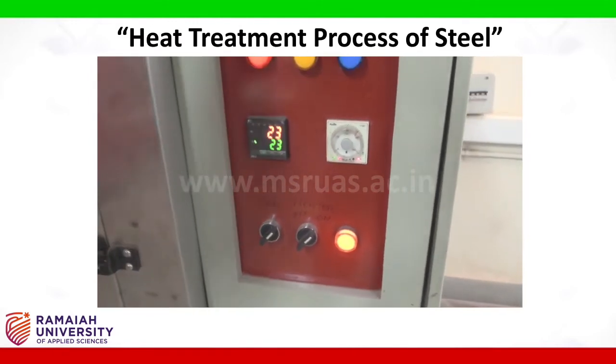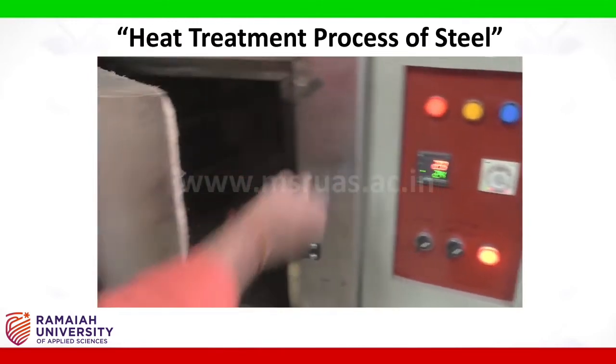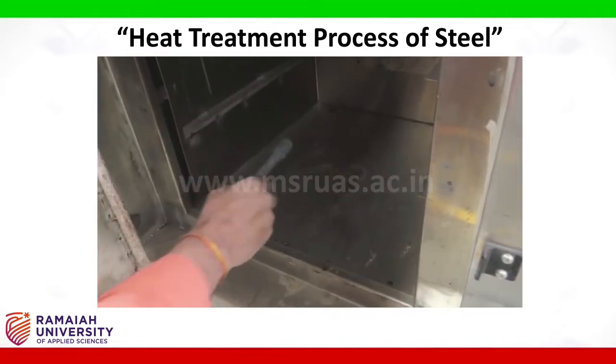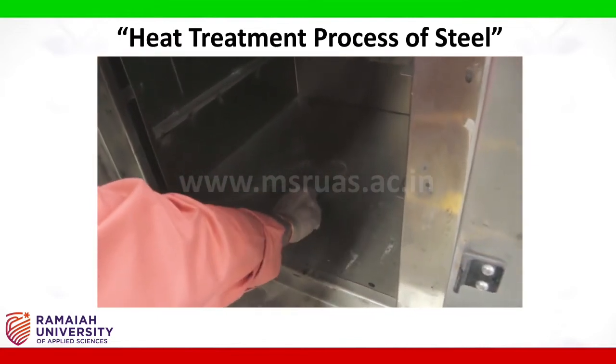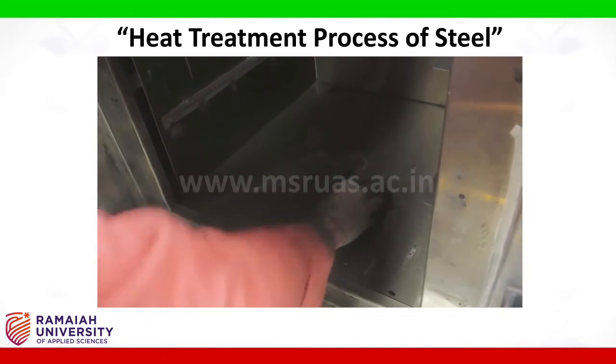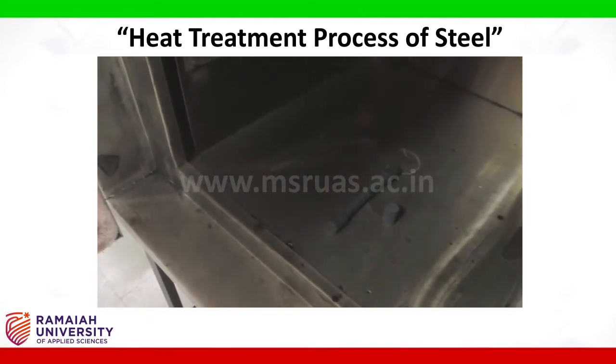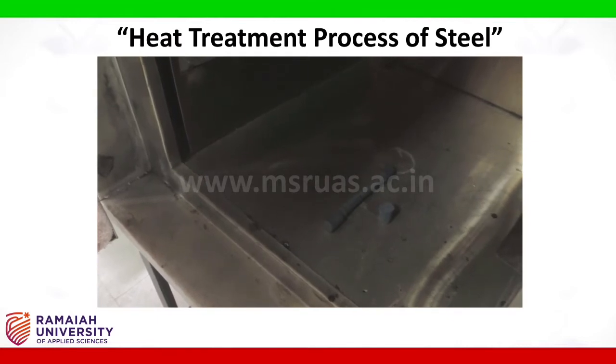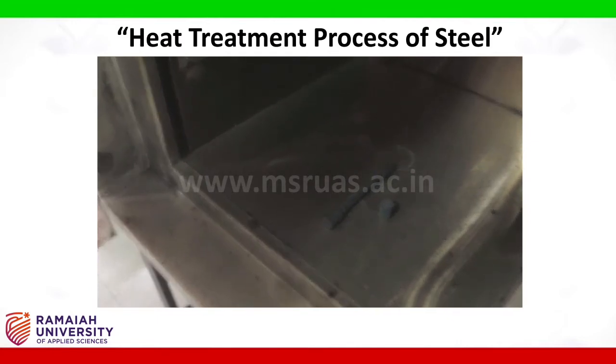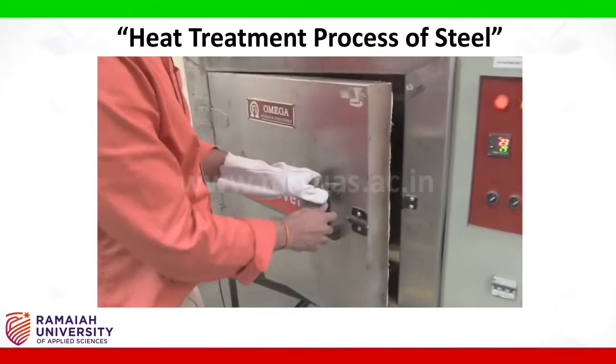Now I'll open the door. I'll keep the cleaned samples after quenching where the oven is set to 250 degrees centigrade. So this heating will take place for half an hour, soaking for half an hour, total 1 hour. Then I will close the door.